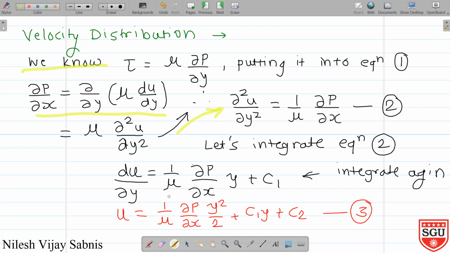Dou u by dou y is equal to 1 by mu dou p by dou x into y plus c1. c1 is the constant of integration. Let's integrate it once again. u is equal to 1 by mu dou p by dou x y square by 2 plus c1 y plus c2. This is equation 3, which contains two constants of integration.